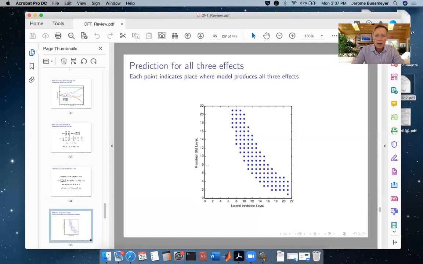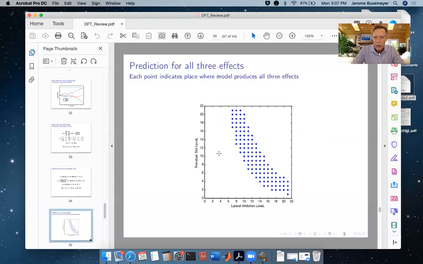And then we can see, for each one of these two critical parameters, whether the model can reproduce all three effects: the similarity effect, attraction effect, and compromise effect. And so these blue dots show you all the places where this multi-attribute, multi-alternative decision field theory reproduces all three effects using the same set of assumptions, the same set of parameters. Now it doesn't always.